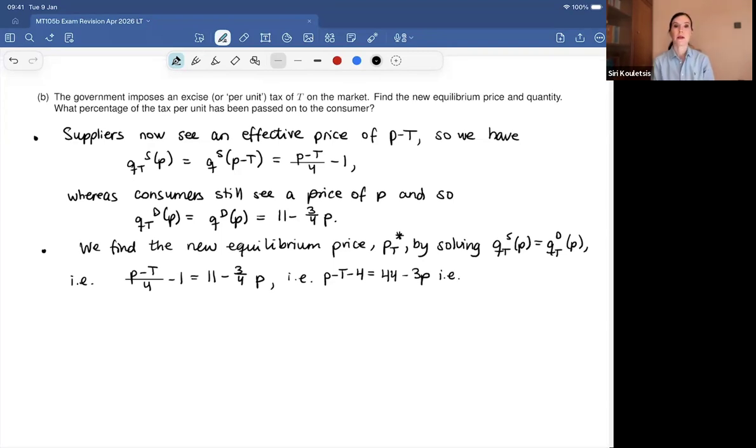If I collate all the p's on the left, then we'll see that we have 4p, and then we get 48 plus t on the right-hand side. And now we just divide out by 4. And we are done. So our new equilibrium price in the presence of tax is 12 plus t over 4.